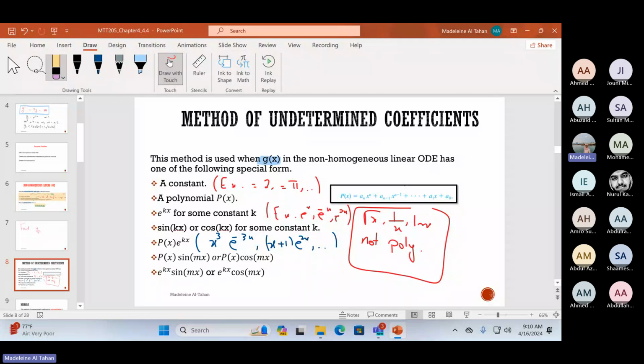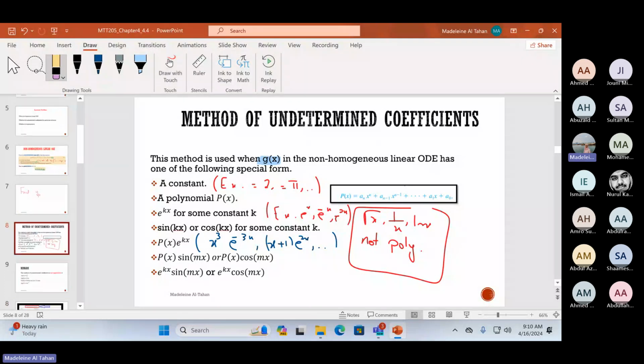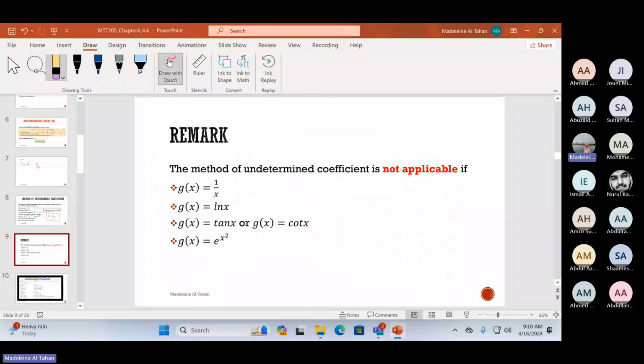Now, what if we don't have these cases? Let's say we have a linear equation with constant coefficients, but it's equal to ln x. Are we able to use undetermined coefficients? The method of undetermined coefficients is not applicable when g of x equals 1 over x, let's say, because it's none of the functions in the previous slides.